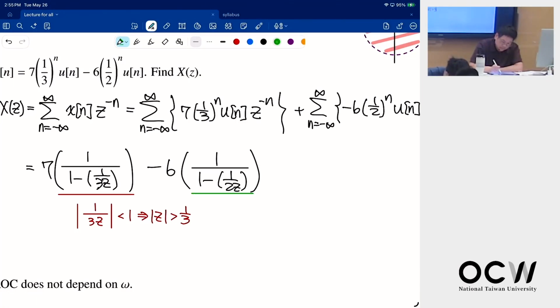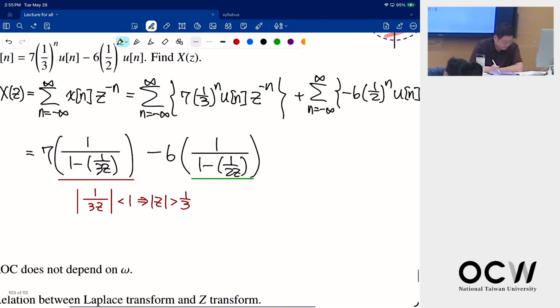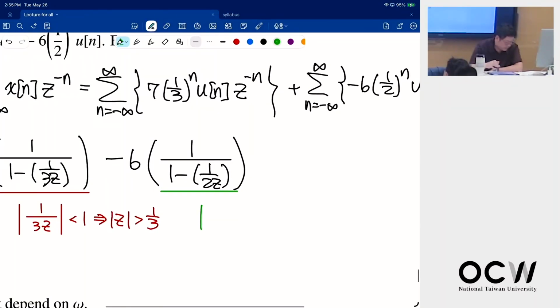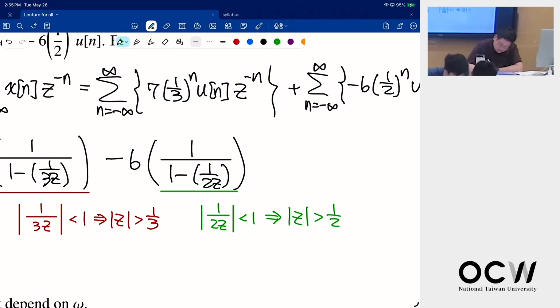And how about this part? 1 over 2z should be less than 1. So z is greater than 1/2.